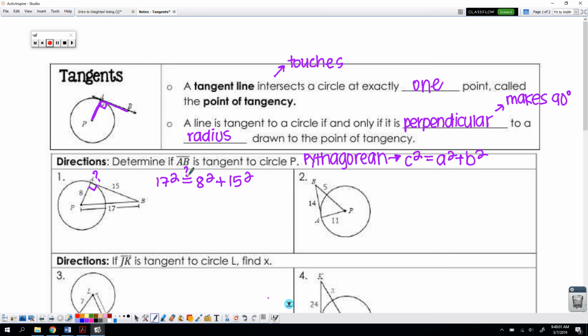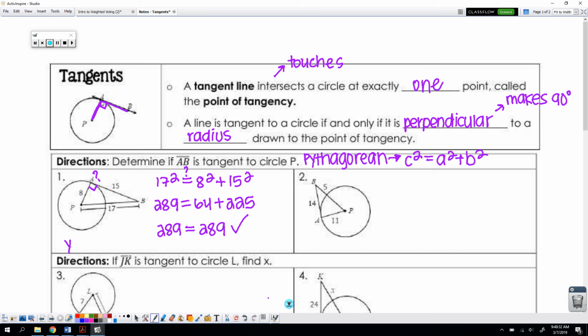In your calculator, you can put 17 squared. That gets 289. And then 8 squared is 64, and 15 squared is 225. So now let's add the right side here. We get 289 equals, when you add this, 225 plus 64 gets us 289. So the answer is these are equal.